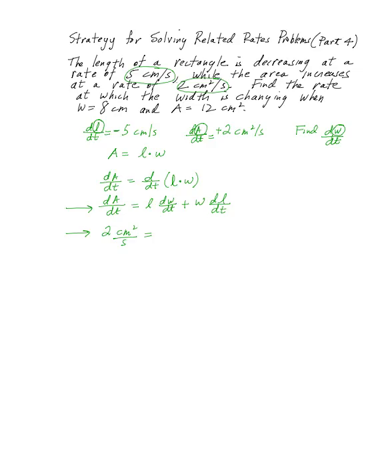Well, I don't have L, do I? Oh, but I've got width and I've got area, so I can find L. Because I've got width is 8 and area is 12.